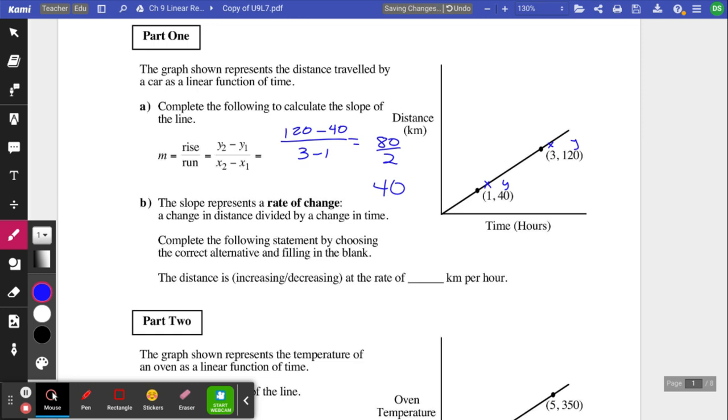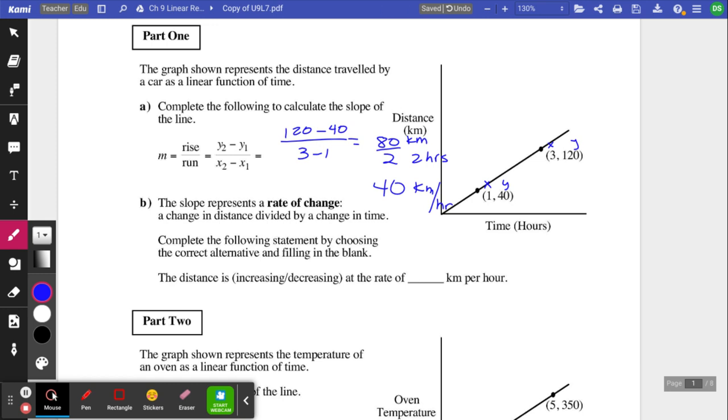Okay. And it says the slope, this is what we're learning today, the slope represents a rate of change. A change in distance divided by change in time. Because remember, this would be 80 kilometers divided by 2 hours. So see, we end up with kilometers per hour. Pretty cool.